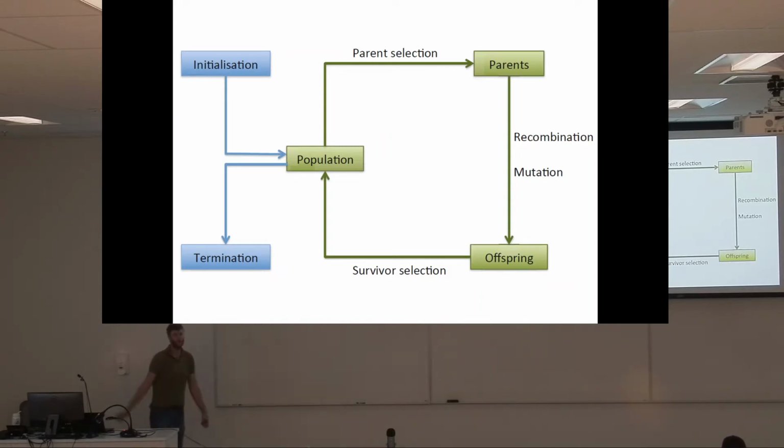How you go about implementing it might differ depending on the specific type you're going for, but in general they all follow this idea. Let's say I'm trying to find a good order for the cities in TSP. So I randomly create 100 permutations of these cities, and I've got a population of them. Maybe there's 100 of them.